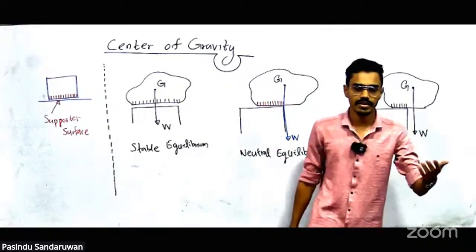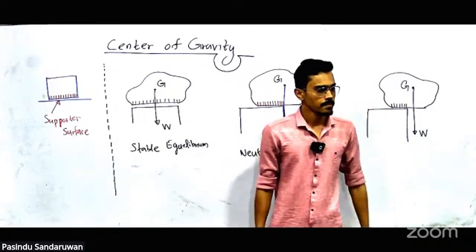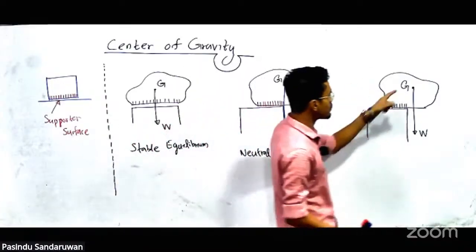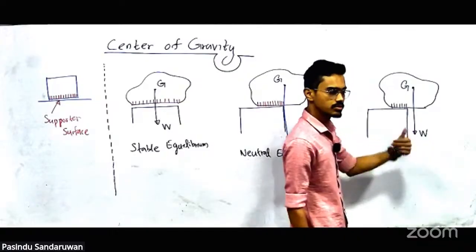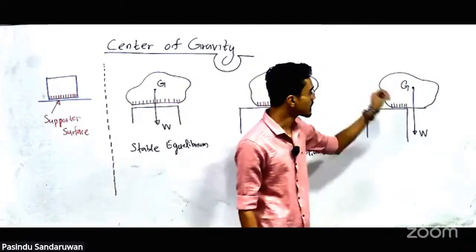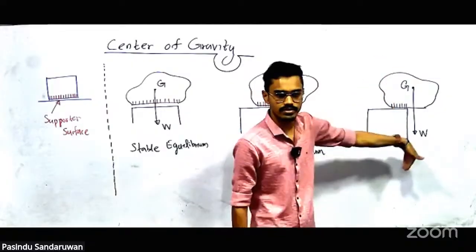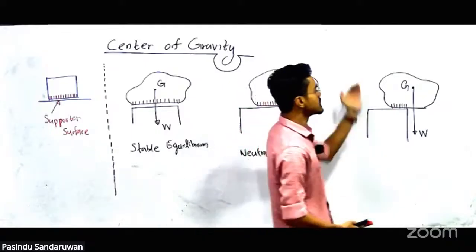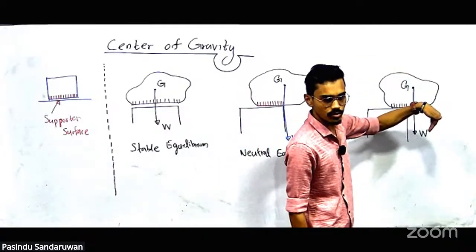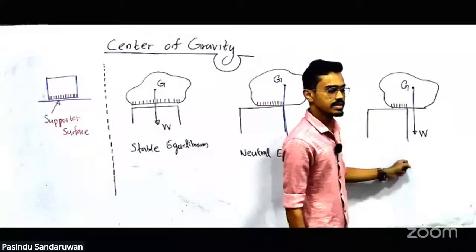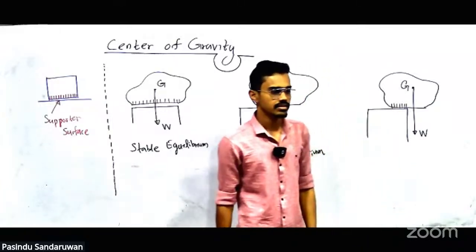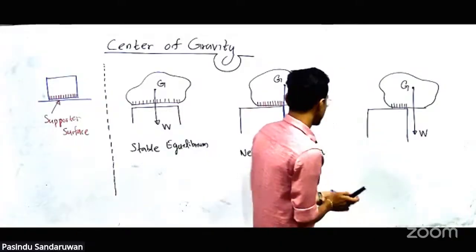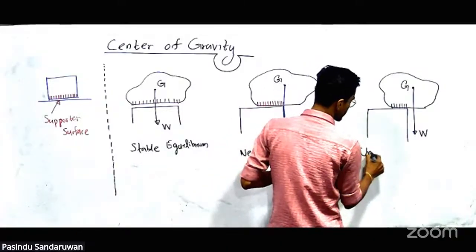When I say center of gravity, that always means the acting line of weight as well. Now this force moment is going to make it topple. It is going to collapse. This thing falls. So this is totally unstable, and therefore this is called unstable equilibrium. We can't keep the object like this.